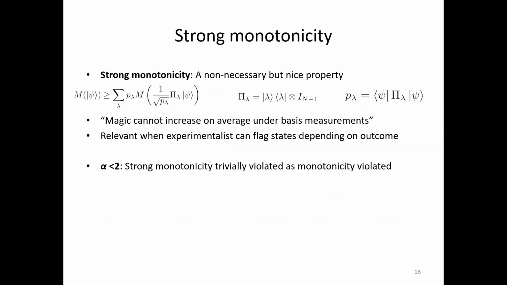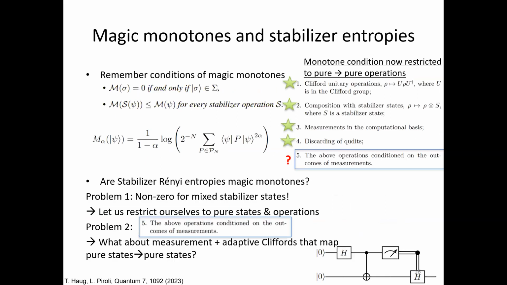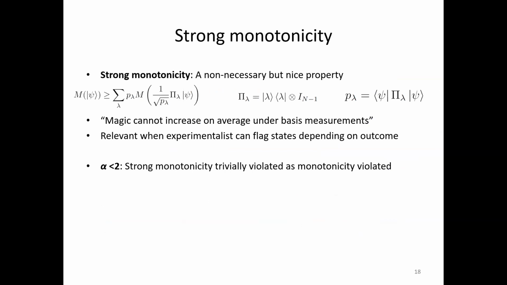Okay, we can also consider a second property called strong monotonicity. This is not one of the original 5 conditions that was set previously in the initial paper. So this is something you do not necessarily need for a monotone, but it's a nice property to have.